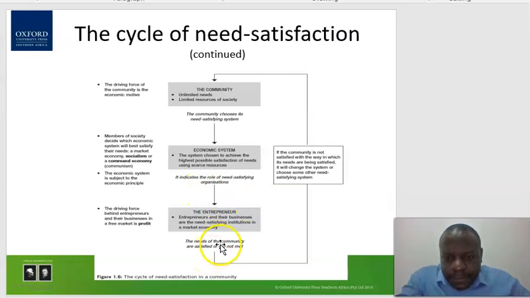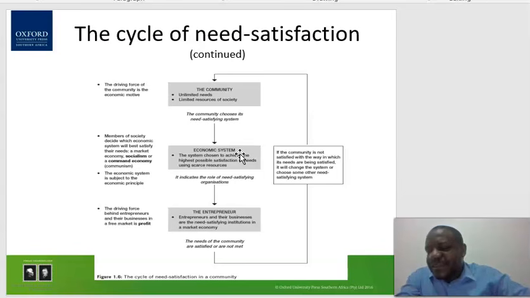Then it indicates the role of need satisfying organizations. When the community chooses the economic system, there is need to understand the advantages and disadvantages of each of the three main economic systems: socialism, the free market system, and the command economy.